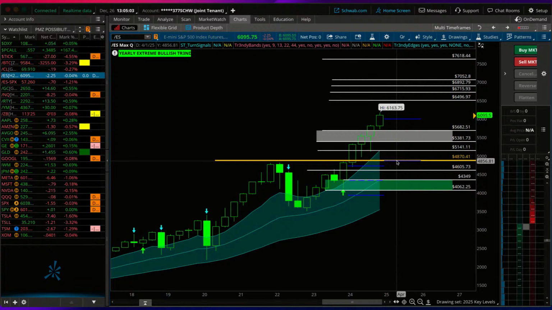This level at 48.70 is also the golden Fibonacci level and an area that if bulls want to keep the market trend bullish, they will defend this area. So 48.70 is also an area that I will be monitoring in 2025.